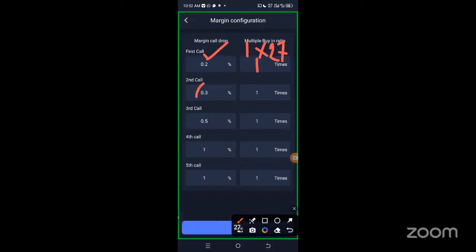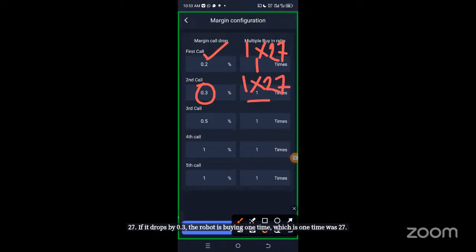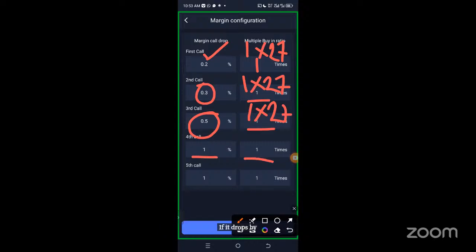If it drops by 0.3, the robot is buying one time, which is 1 times 27. If it drops by 0.5, one time, 1 times 27. If it drops by 1%, one time, 1 times 27. Are we together?